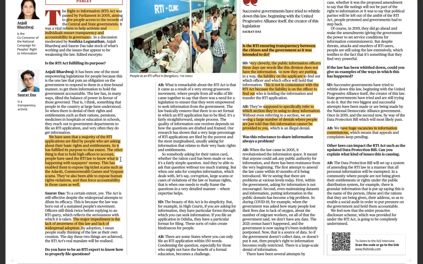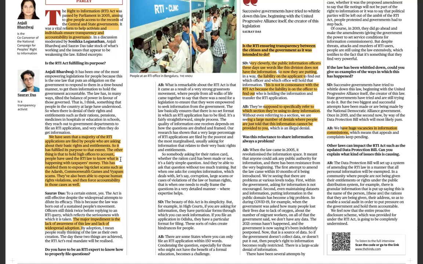So basically, one trend is showing fulfilling of basic rights and entitlements, and the other is towards the major thing, basically asking how we are utilizing the taxpayers' money, where it is going. And it has helped in unearthing huge scams. They have also been able to expose human rights violations and force accountability in those cases as well.